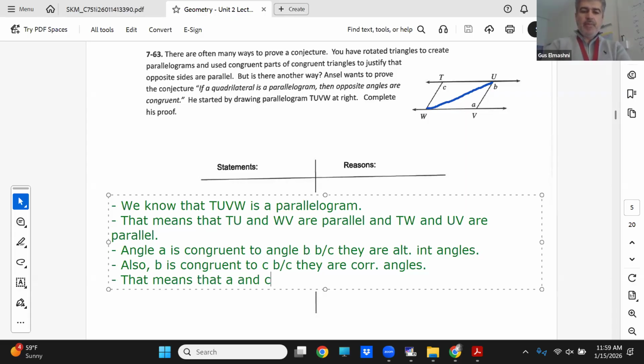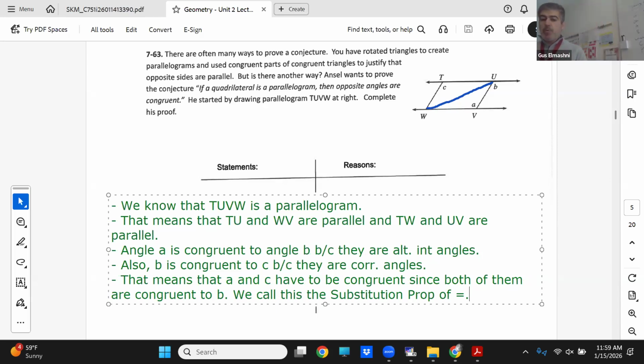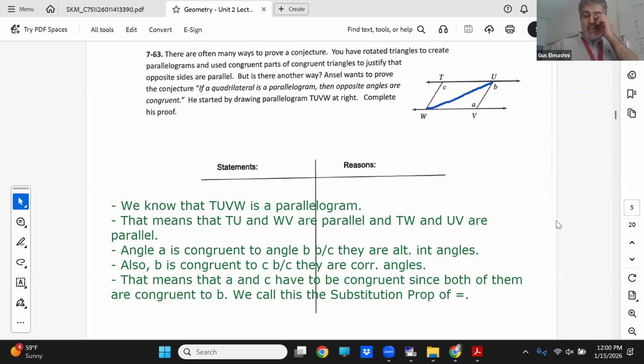that A and C have to be congruent since both of them are congruent to B. We call this the substitution property of equality, because you're substituting for B, replacing B with A so that A could equal C. It's kind of like, say we're talking about girls soccer.